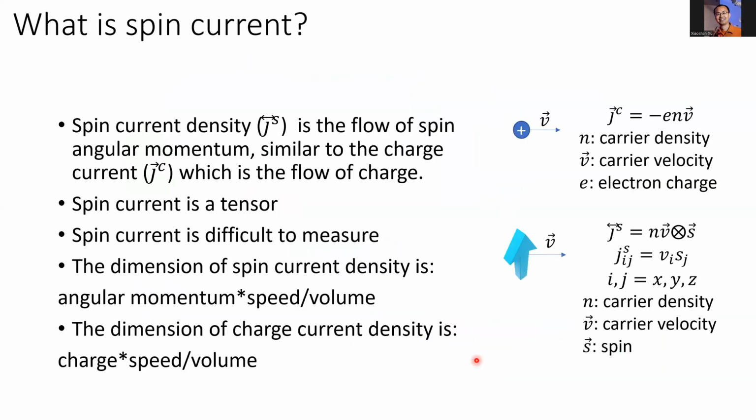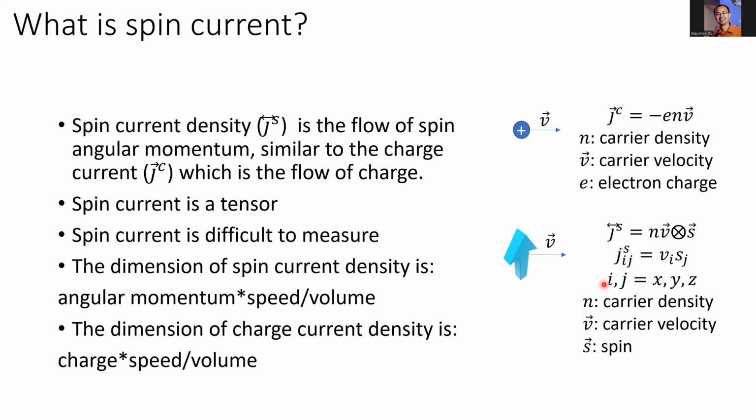Okay, so now let's look at the spin current. Spin current is quite similar to a charge current. Charge current is a flow of charge, right? So this is the formula we just talked about. Charge current is proportional to the charge, proportional to the density of the charge carriers, and proportional to the velocity.